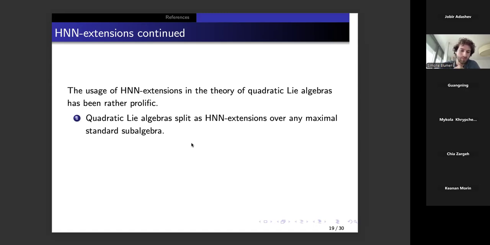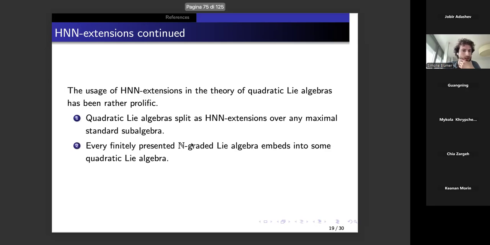So this is a fundamental lemma, although it is pretty trivial to prove, which says that you have a lot of freedom in decomposing any quadratic Lie algebra over a maximal standard subalgebra. We will prove it later.